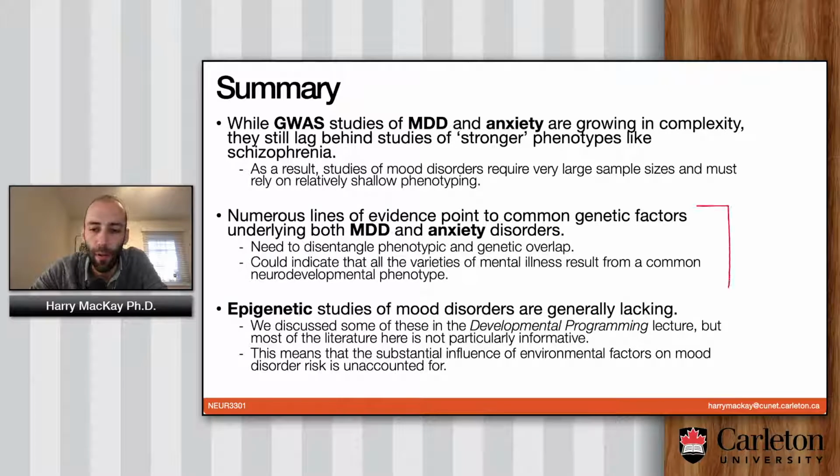As I said, a number of lines of evidence seem to point to a common genetic factor underlying both major depression and anxiety, and really, mental illnesses as a whole. Now, there is an important need to disentangle the phenotypic and genetic overlap because it's tough to say. The symptoms of anxiety and depression can overlap a fair bit, and that means that it's natural that their genetics will as well.